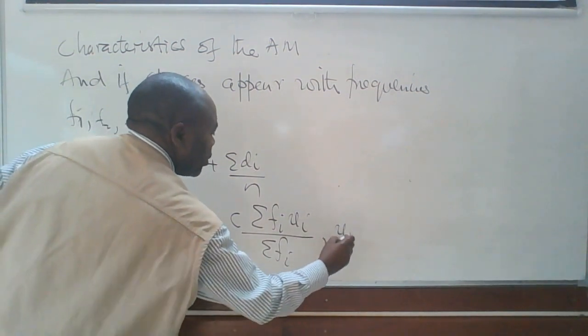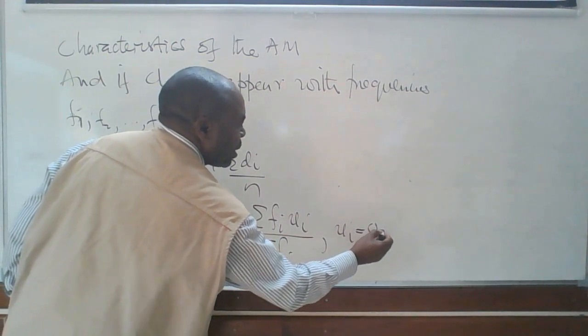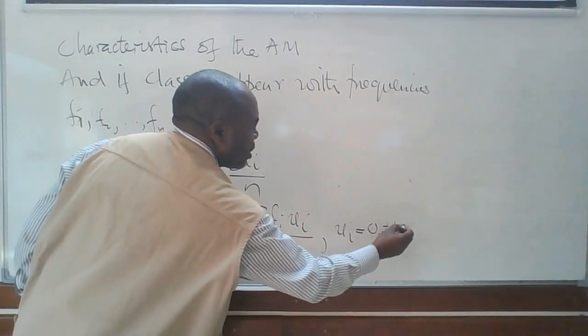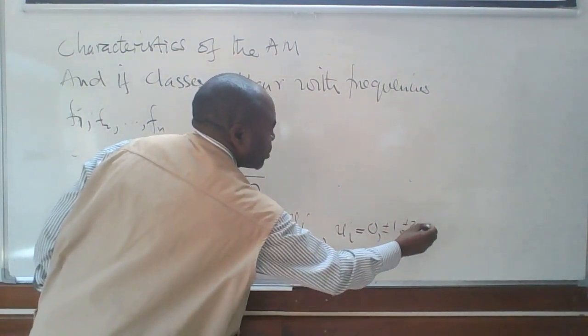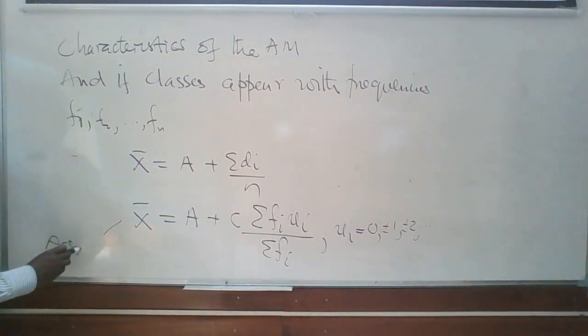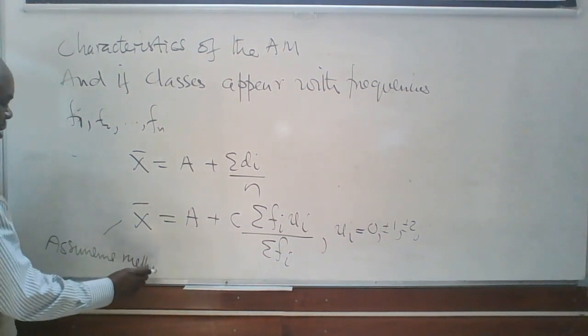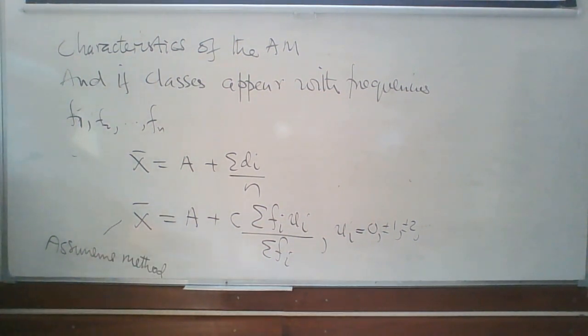And here ui is equal to 0, plus or minus 1, plus or minus 2, up to whatever value. This method of computing the mean is called the method of assumed mean.